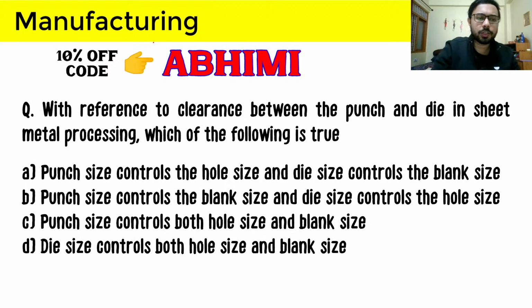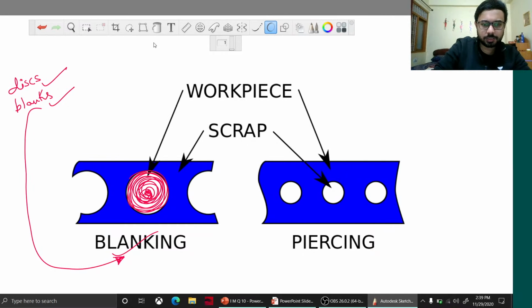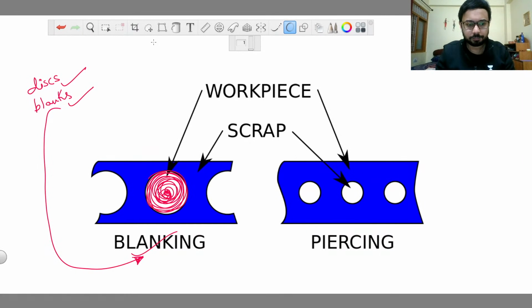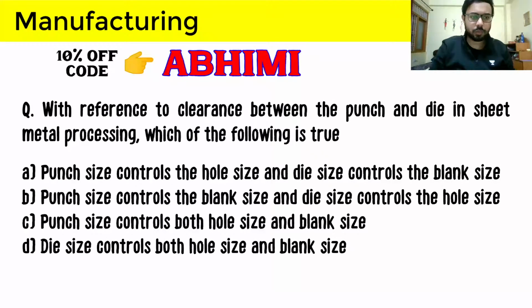The correct answer, as I have discussed and as you can see in this figure, is option A, stating that punch size is controlling the hole size and die size is controlling the blank size.